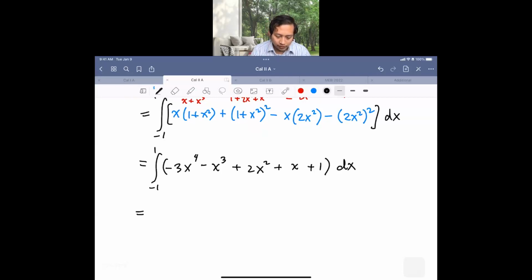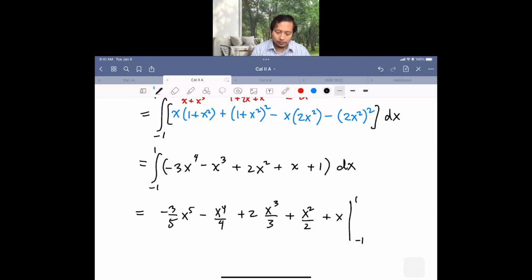This will be negative 3 over 5 x to the 5, negative x to the 4 over 4 plus 2 x cubed over 3 plus x squared over 2 plus x, and then evaluate from negative 1 to 1.